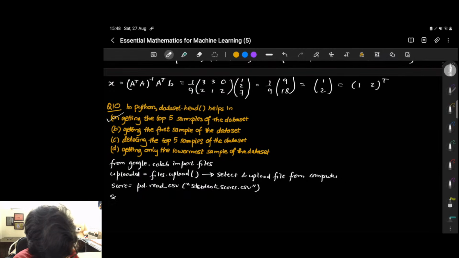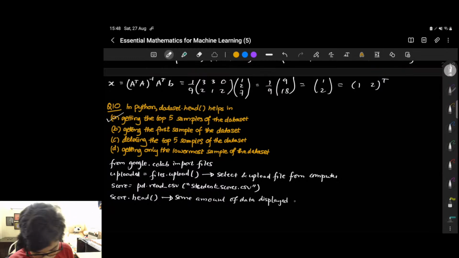And then what you do is you would just use score.head, and then it will display some amount of data along with the column and row headings.